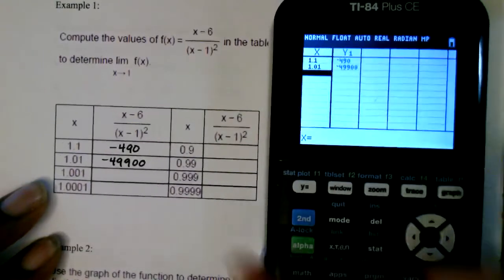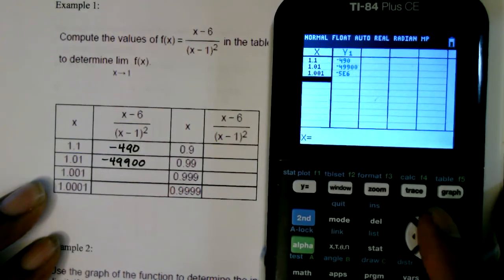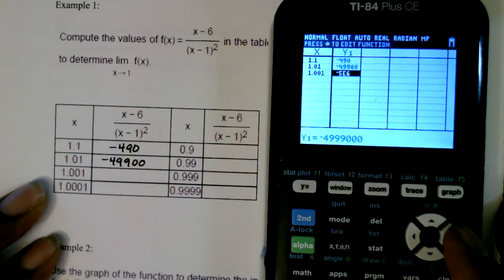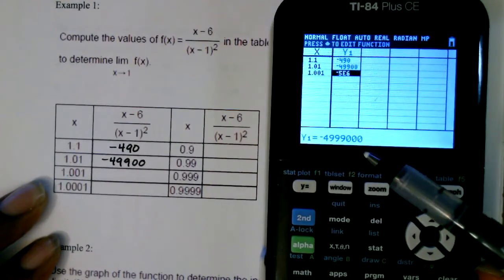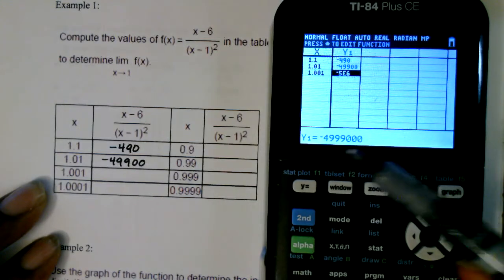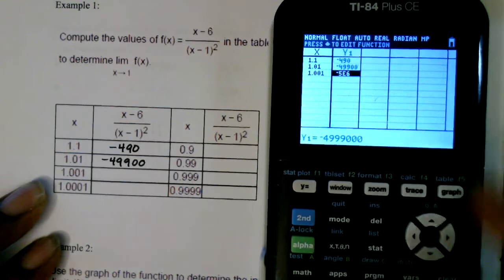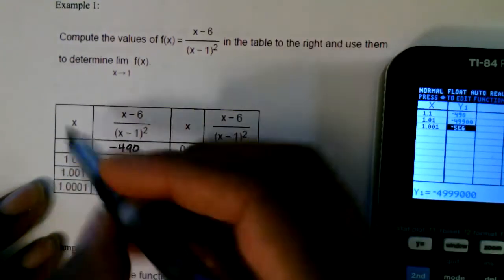And then for 1.001, you might get a number in scientific notation, but what you can do here is use the up arrow key to highlight that x value, and then use the right arrow key to highlight Y1 for x equal 1.001. At the bottom, you'll see the exact value, negative 4,999,000.